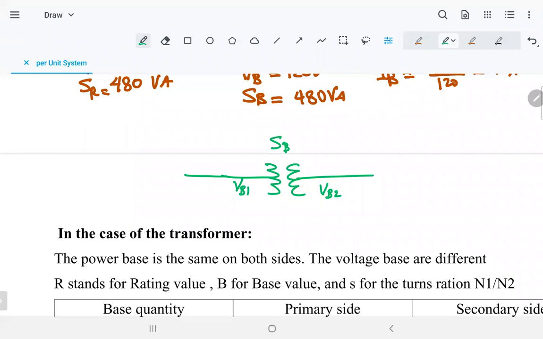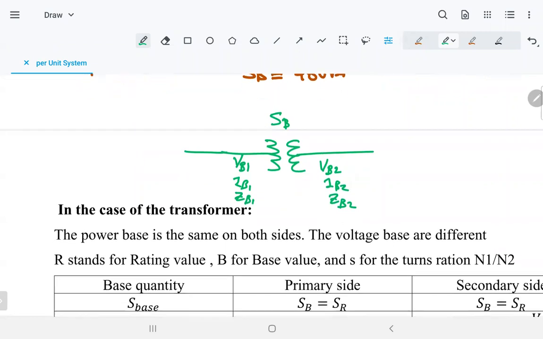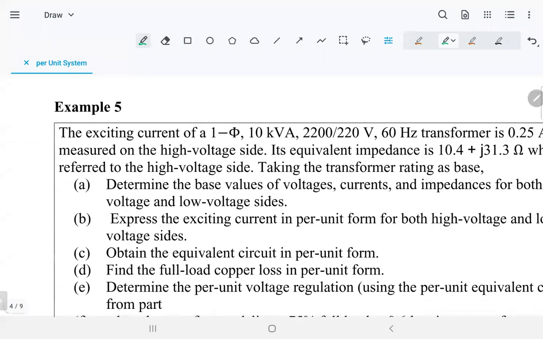That's the only difference for a transformer. You just have to choose two values for the voltage as bases. Accordingly, you will have IB1, IB2, ZB1, ZB2. So you'll have a reference for each side. Okay, let's take a numerical example.